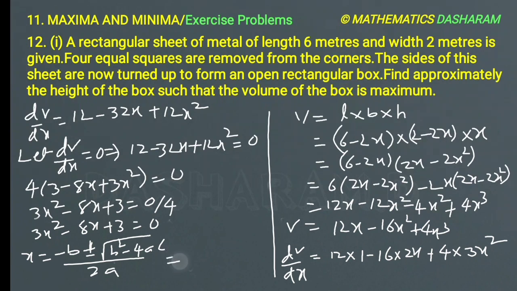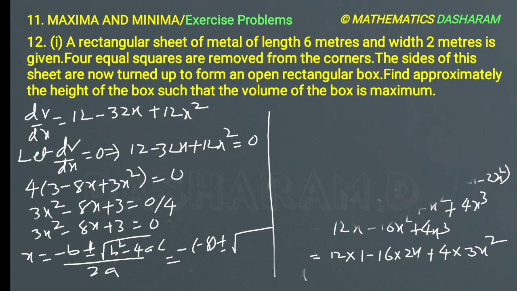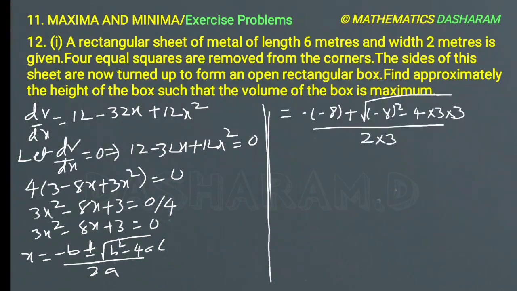So it is equals to minus b, minus of minus 8, plus or minus under root... so it's a simplification. x equals to 4 plus root 7 divided by 3. Root 7 value is 2.64, so the answer is 2.21.